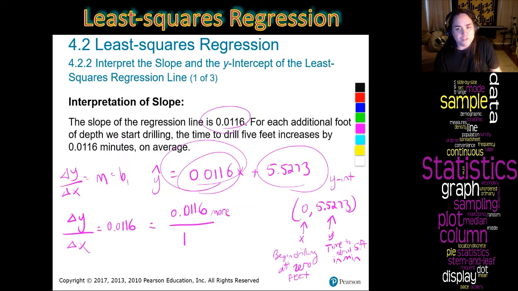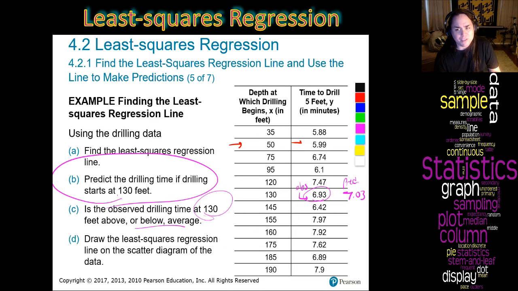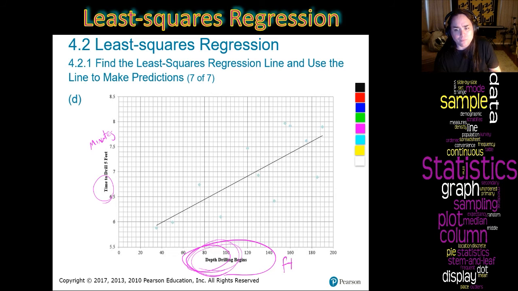So in other words, it takes that many more minutes every time we want to do one of what? Well, every time we want to have one, and what are the units here? Feet. Yeah. So these represent feet.